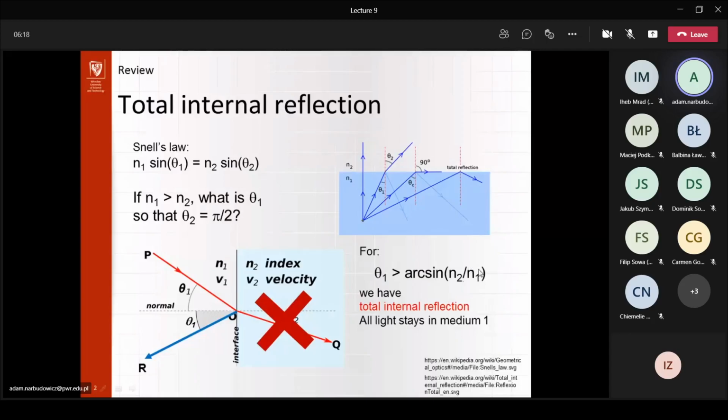What's also important is that the requirement is not only in the material. So of course we need to engineer n1 and n2, but also we need to inject the beams of the laser at a certain angle into the optical fiber.